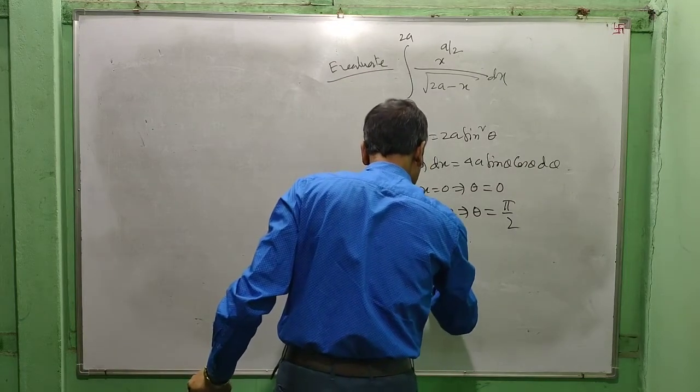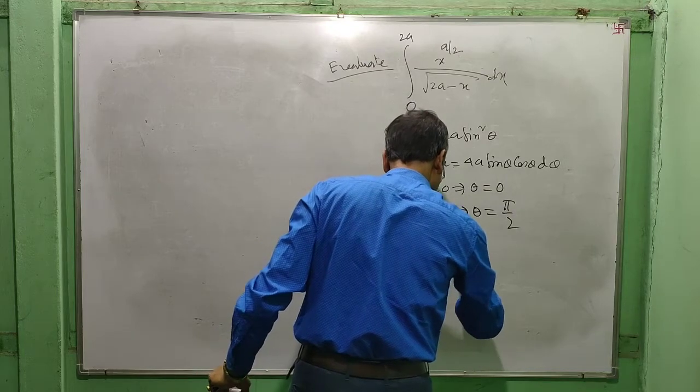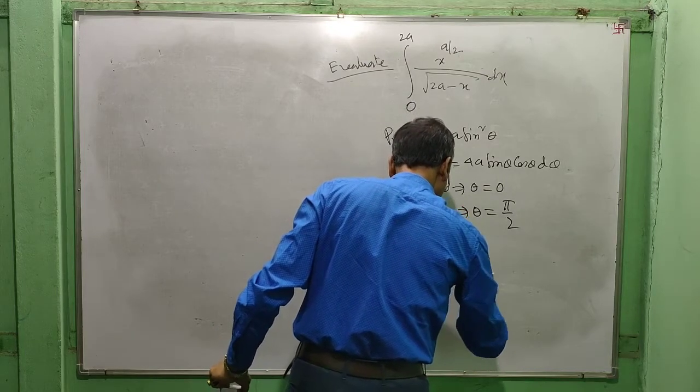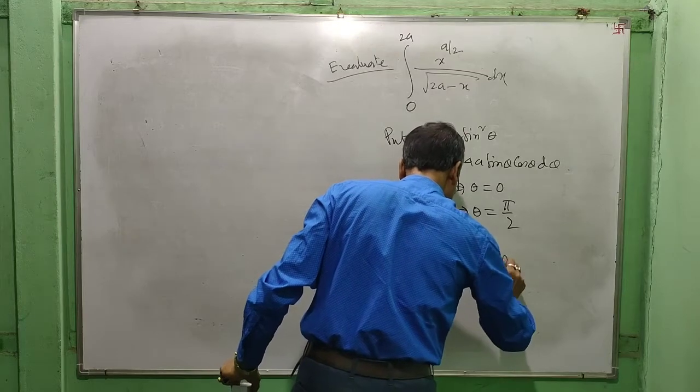Therefore, I equal to the integration from 0 to twice a of x to the power 9 by 2 divided by root over twice a minus x dx.